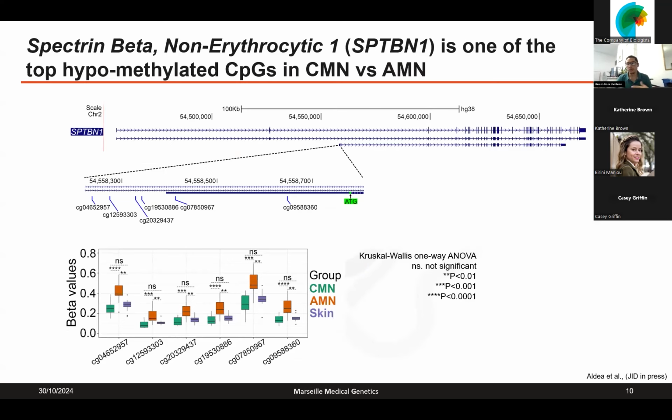So it is very well known that hypomethylation of a promoter correlates with an activation of a gene. So that's why we thought, let's see where this gene is expressed in CMN samples. Let's see if there is any difference with AMN samples.